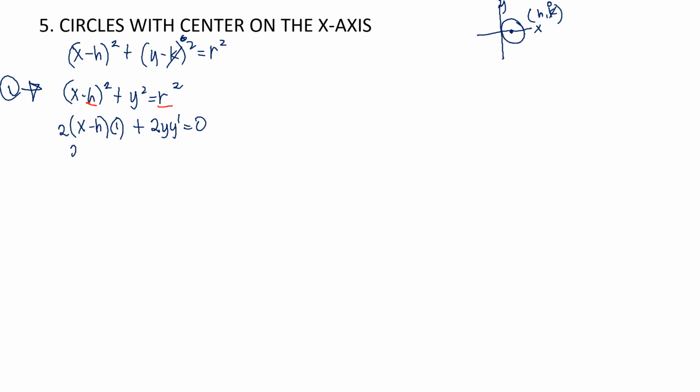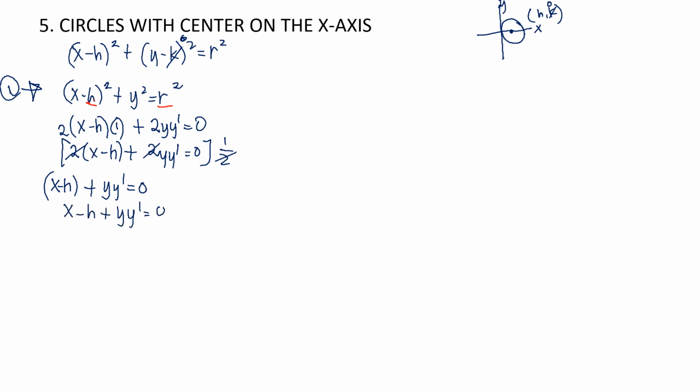Okay, so this is 2 x minus h plus 2y y prime is equals to 0, but okay, available yung 2 on both terms, we can divide by 2 yung ating equations and we can cancel out 2, so that yung ating remaining equation is x minus h plus y y prime is equals to 0.